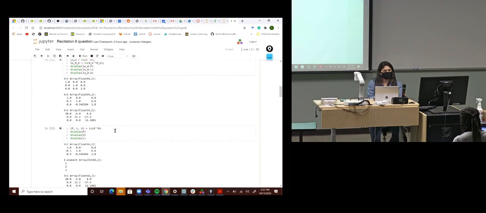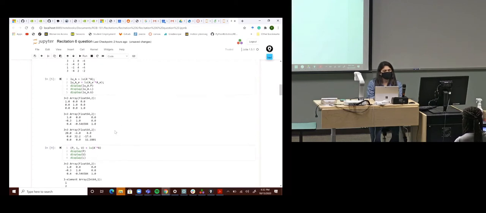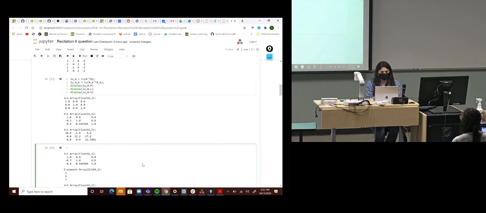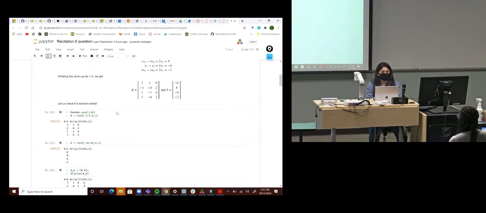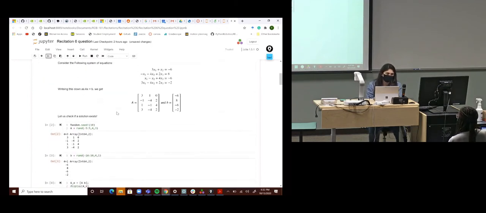Could you give a quick refresher on what the P matrix is? Makes any sense? Go for it. So what the P matrix is doing, in this case, we say that our P is simply the identity matrix. So then here it's not doing a permutation.